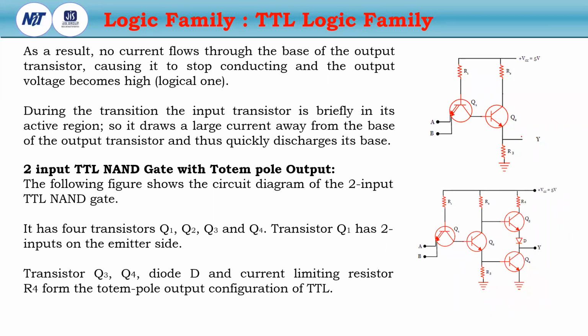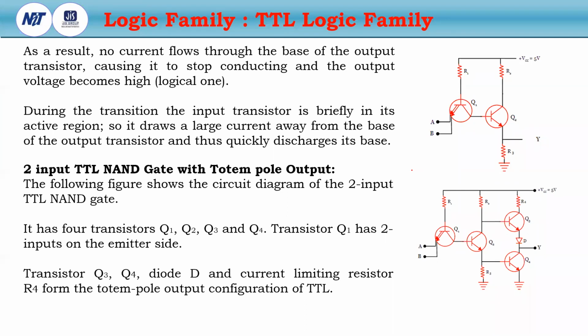Now, this output stage has three configurations in the TTL logic family. One is called the totem pole output configuration. Another is called the open collector. In the digital circuit lab, there are two types of NOT gates. Otonu sir already told you.